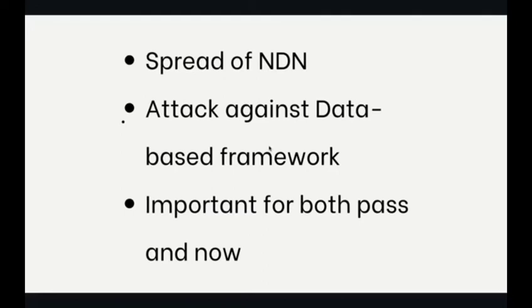They include, but are not limited to, flooding of interest attacks, cache pollution attacks, and the attacks this presentation focuses on, black hole attacks and content poisoning attacks. Will NDN be applied to the Internet of Things? These attacks will make facilities no longer work.